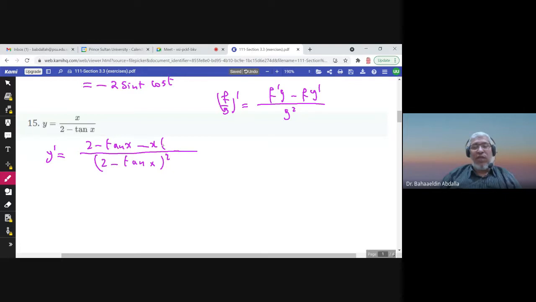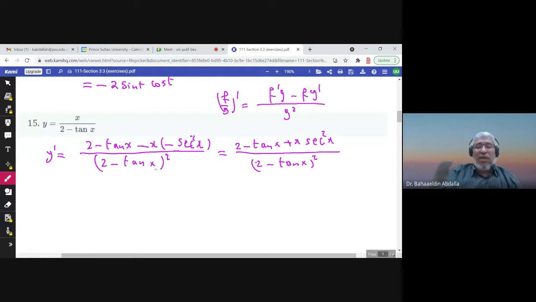The derivative of negative tan is negative, and the derivative of tan is secant square x. So I'll have minus 2 tan x plus x secant square x, over 2 minus tan x all squared. That's the derivative.